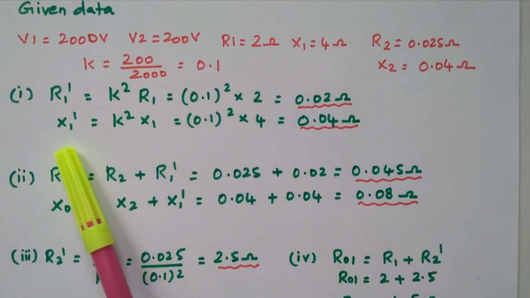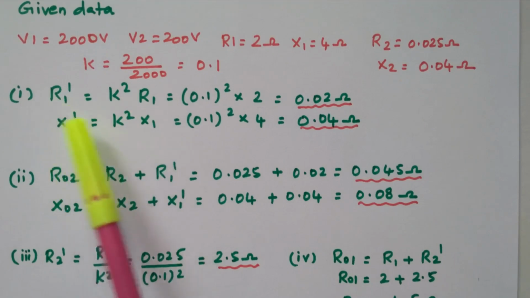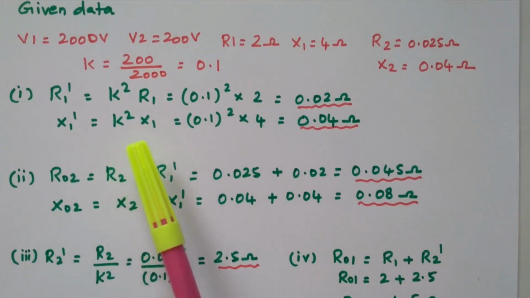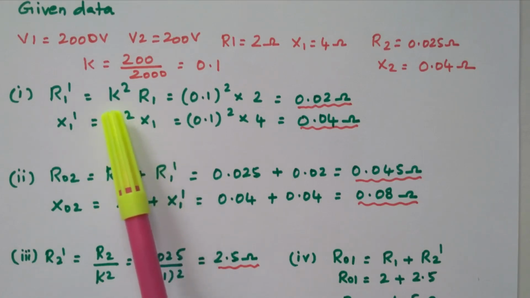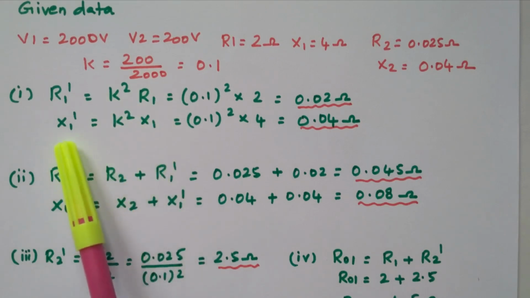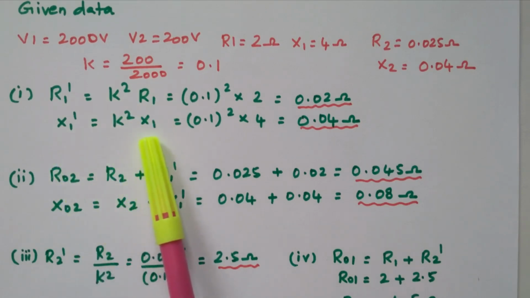Similarly, X1 is the reactance of primary; X1 dash means it is transferred to the secondary side. So, that equivalent value is R1 dash equal to K square into R1. While transferring to the secondary side it will give the same effect, so in order to make the same effect it is multiplied by K square. Similarly, X1 dash equal to K square into X1.